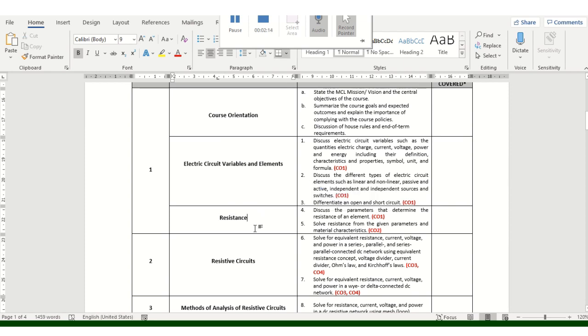Now on the second week, we'll cover resistive circuits. These are circuits that consist of resistors, which we call resistive elements, that are excited or driven by constant sources, either voltage or current sources. In this topic, we'll also cover the voltage and current divider principles, and the concept of Ohm's law.